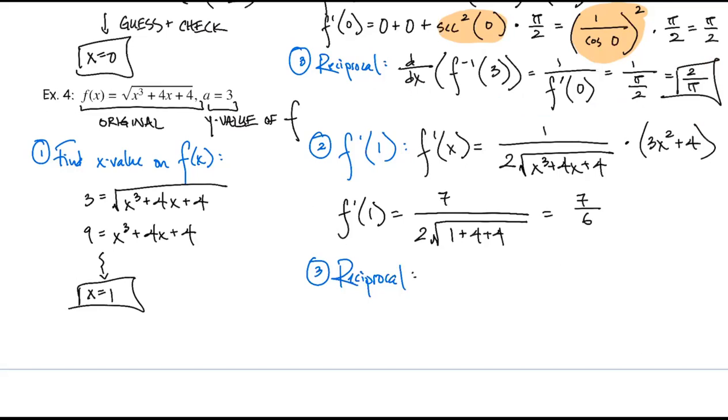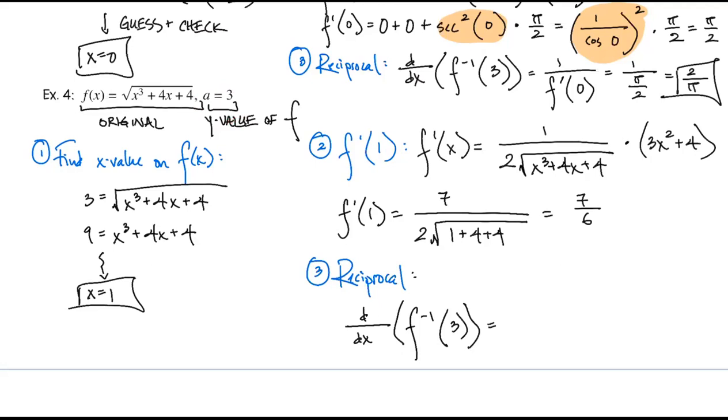So I'm going to find the derivative of the inverse function at what point? Good, good, good. We're going to find the derivative of the inverse at 3.